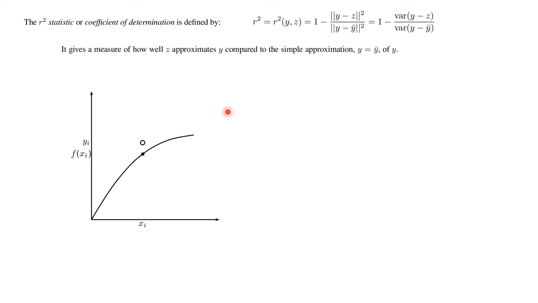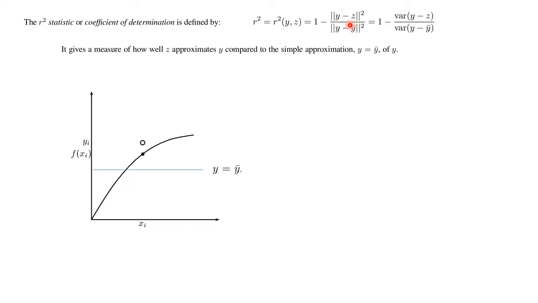And the one which we will use quite a lot is this coefficient of determination, the R squared statistic. And it compares how well our fitting function does to the simple fitting function, which is just the average of all the values. So if we take the average of all of the y's here, that fits the data. If the curve is like this, it's not fitting it very well.